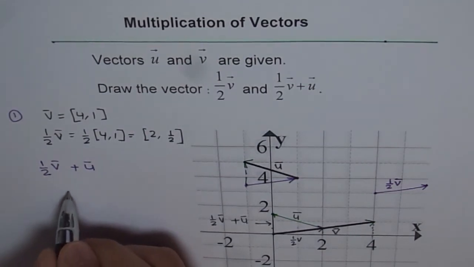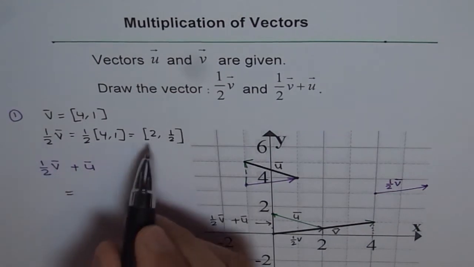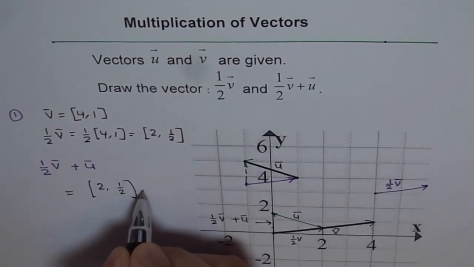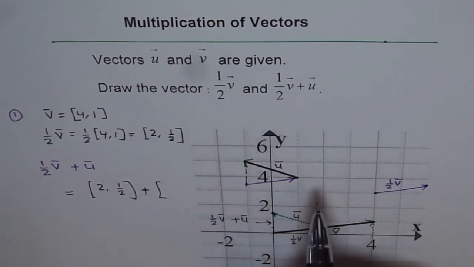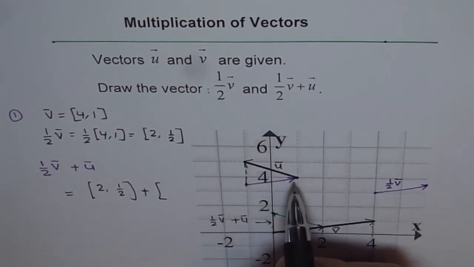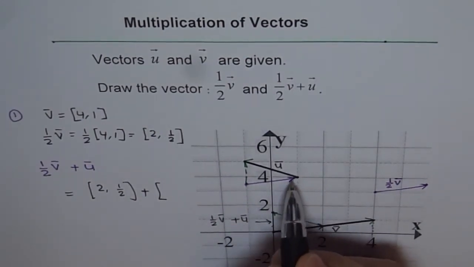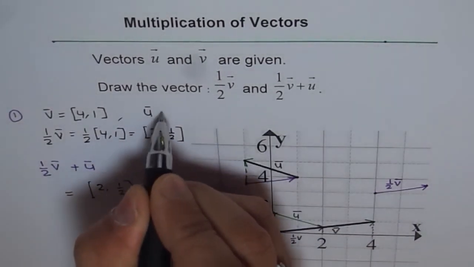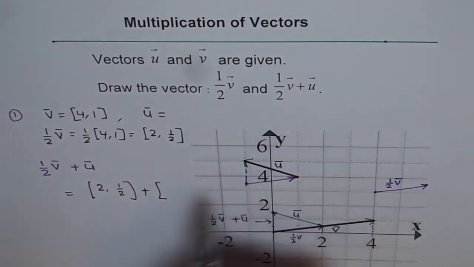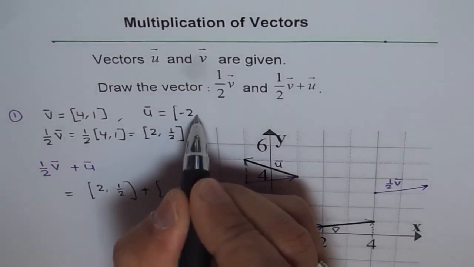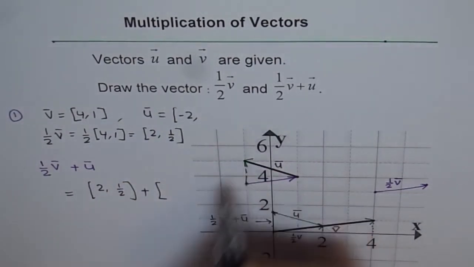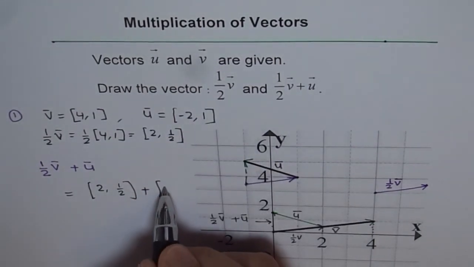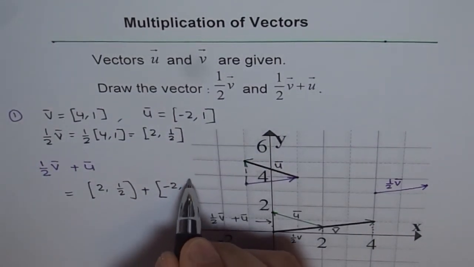So half of v plus u will be, we already have this as 2, 0.5, plus vector u is what for us? Let's write down what vector u is. Vector u is equal to minus 2 and 1 unit, right? So we can do minus 2 and 1.